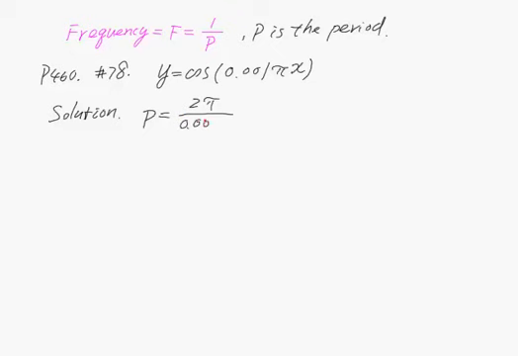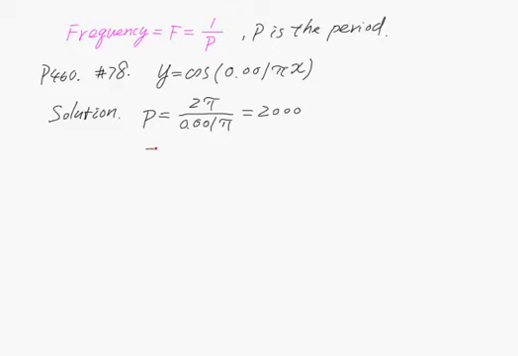So that is 0.001 pi, and the pi cancels, then 2 divided by 0.001, you get 2000. So this is the period for this function.